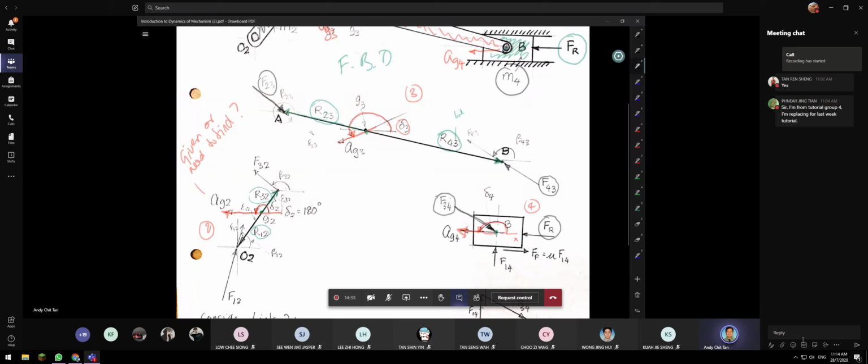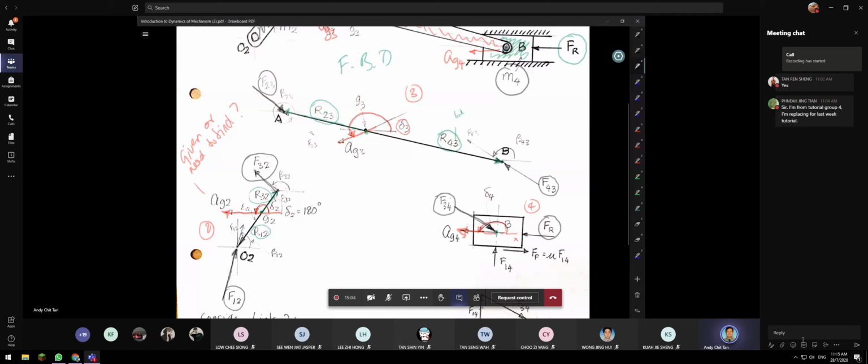But for the next force, you must follow your convention. If this is going down, then F32 must go up. So here you have 2, 3, and here you have 3, 2. They must be equal and opposite. Finally, you have the force from the reaction, F12, from link number 1 towards link number 2.